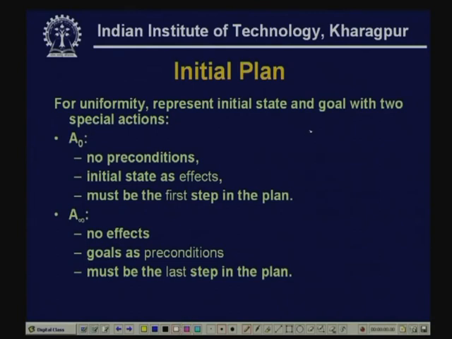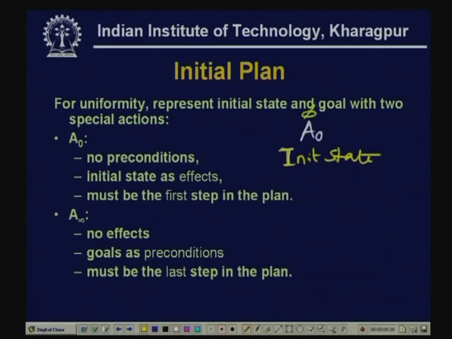Now, A0 is a special action which has no precondition, and the effect of A0 is the description of the initial state. So, it has null precondition and its effect is the initial state.